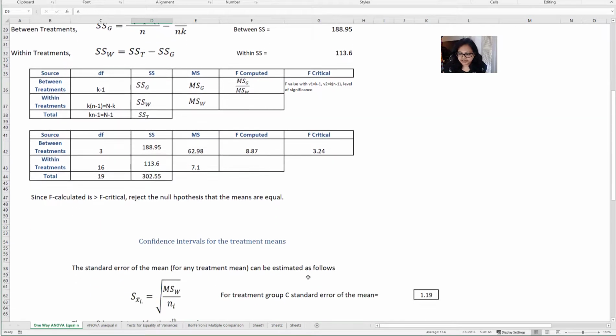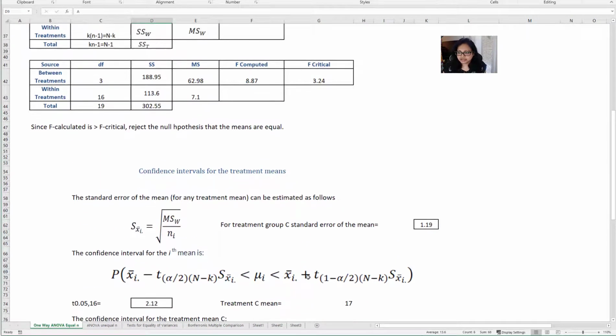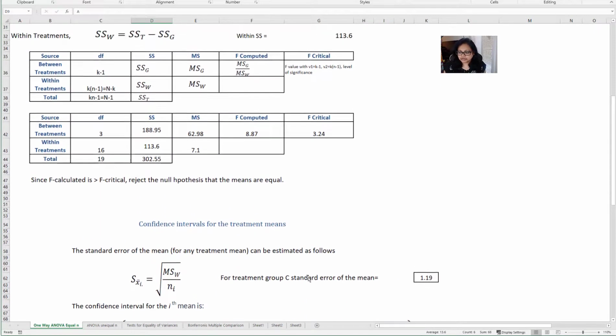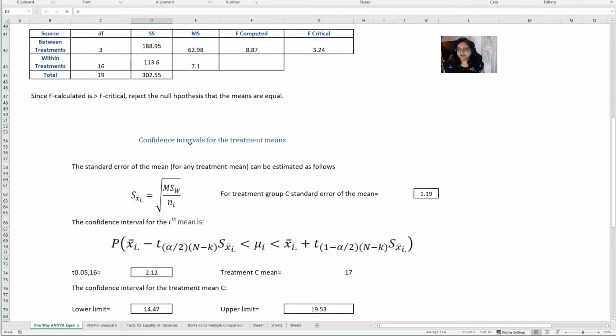After you find this ANOVA table, then you can use that. To find the confidence interval for any of those means, you need to follow these steps.